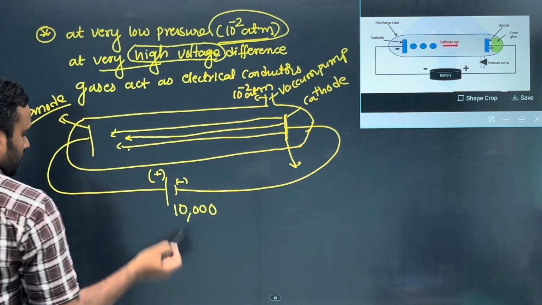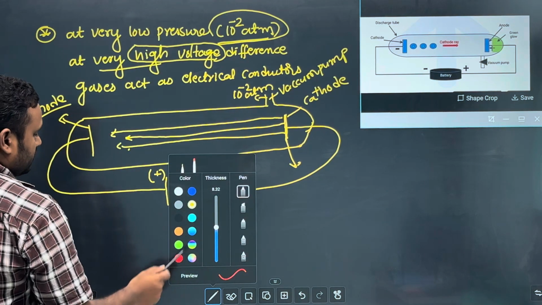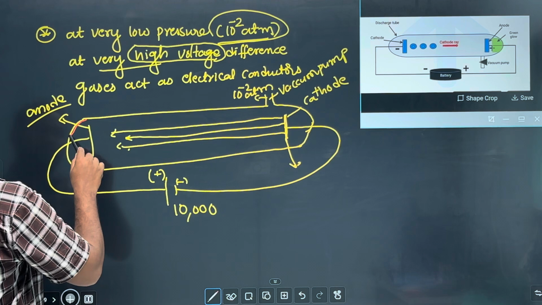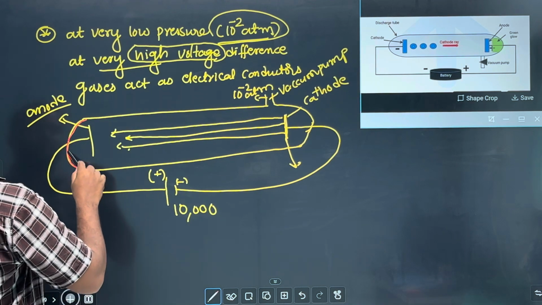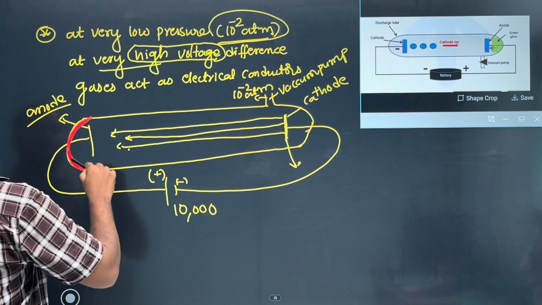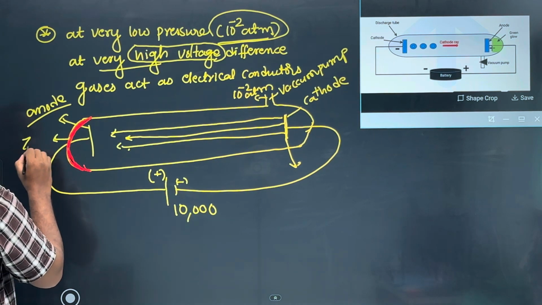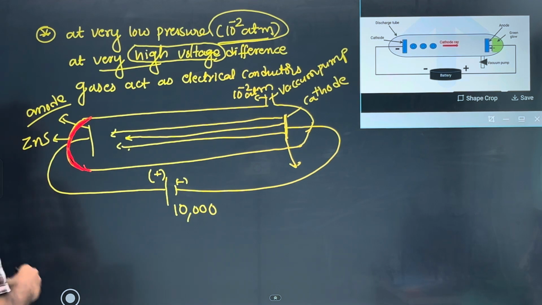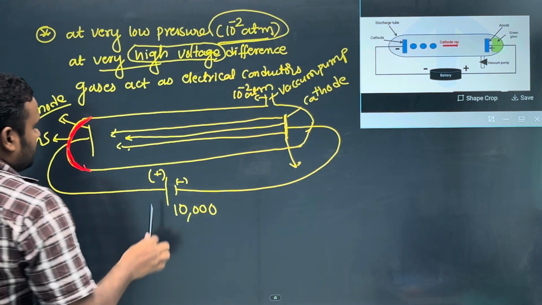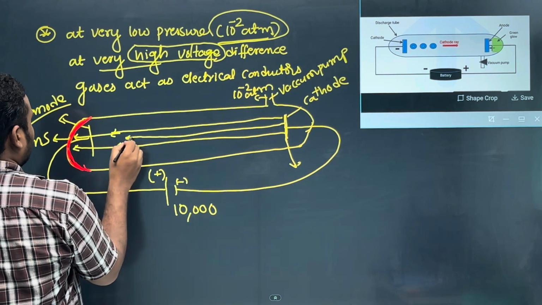William Crookes coated the tube with a zinc sulfide screen. Let us consider this is the part with the zinc sulfide screen, ZnS. When these rays hit this zinc sulfide screen, they give some glow.